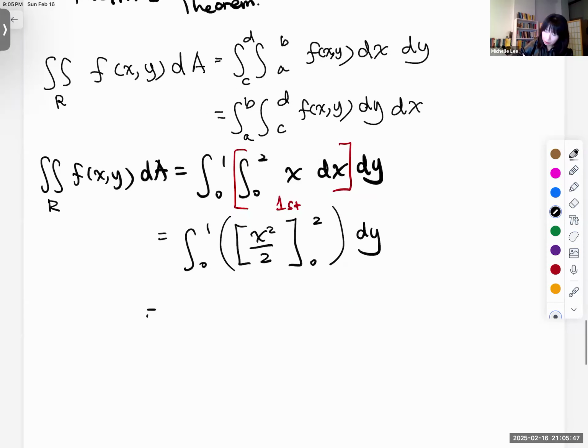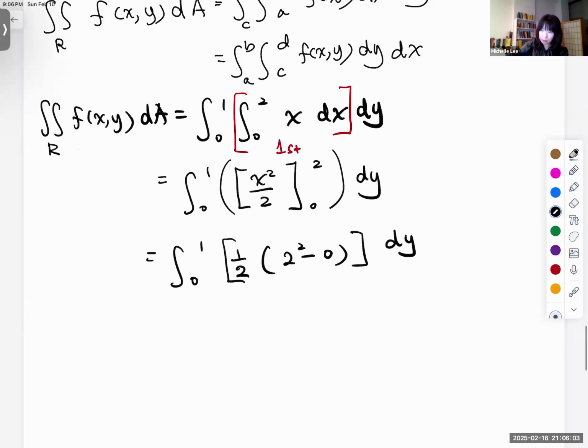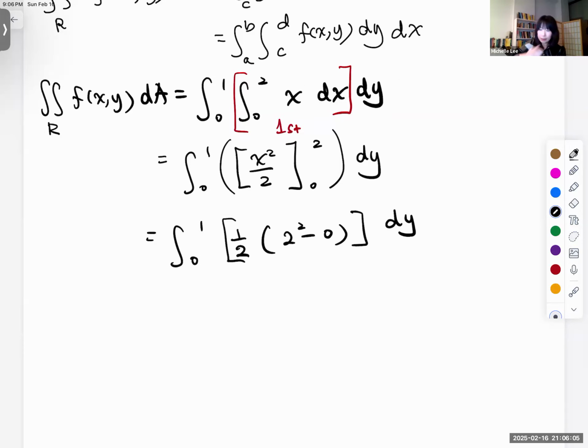Now we need to evaluate in x first. So we have 1/2 times 2 squared minus 0, right? And then the outer dy, from 0 to 1. So we have a 4 there. We simplify, so we have 2 dy.